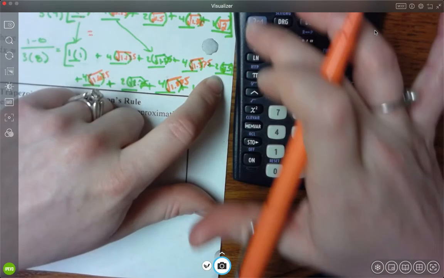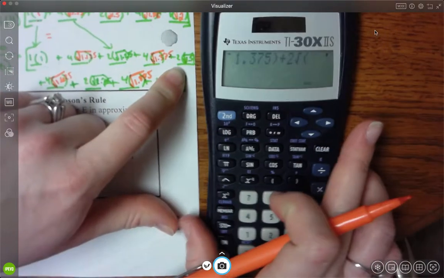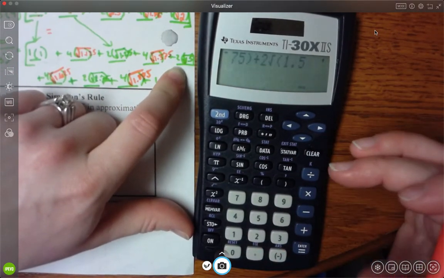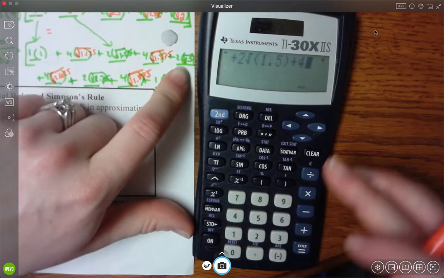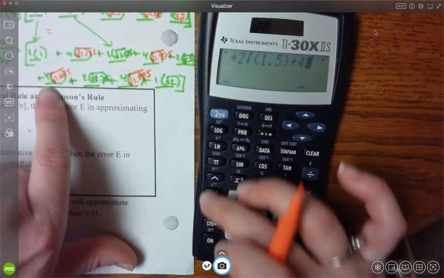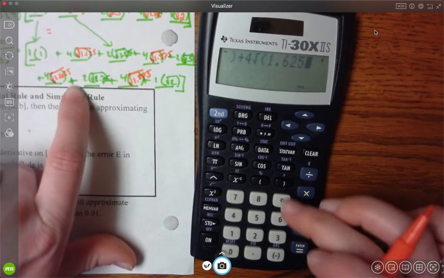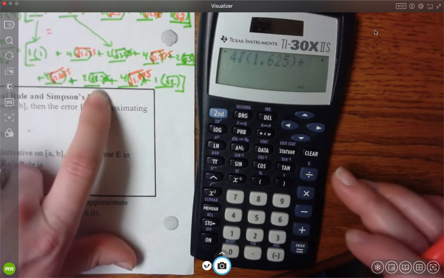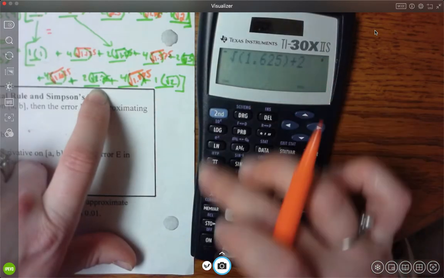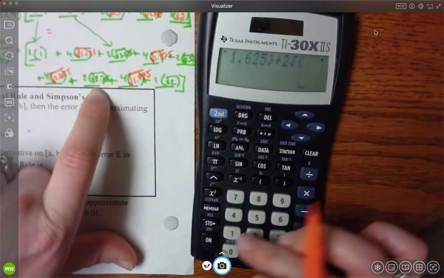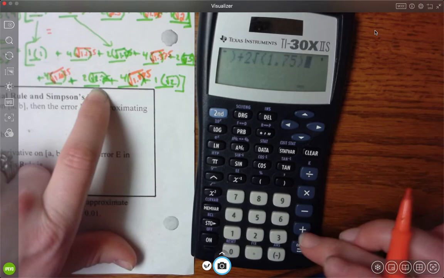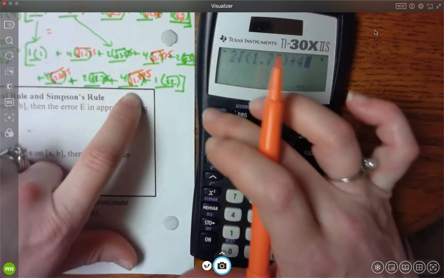Plus 2 square root of 1.5 plus 4 square root 1.625 plus 2 square root 1.75 plus 4 square root.